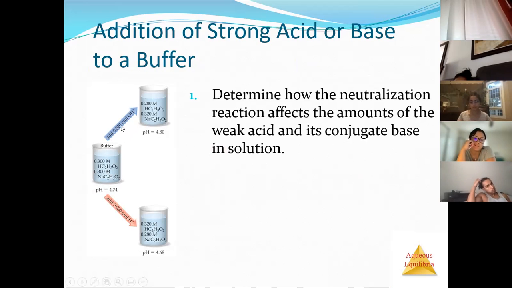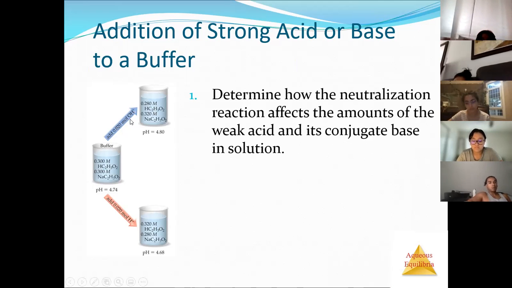So if I add my NaOH to my acetic acid, I have decreased my weak acid by the concentration of my strong base.